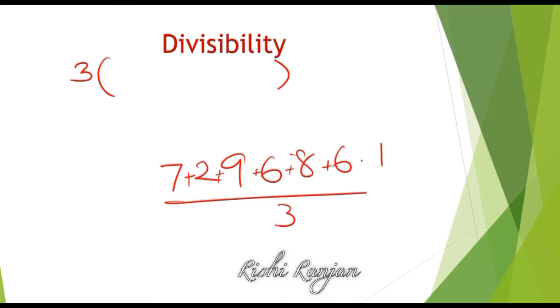If the sum is divisible by 3, then the number will be divisible by 3. Let me check what is the sum of the digits here. 7 plus 2 is 9, plus 9 is 18, plus 6 is 24, plus 8 is 32, plus 6 is 38, plus 1 is 39. Is 39 divisible by 3? Yes. In that case, this 72,96,861 is divisible by 3.